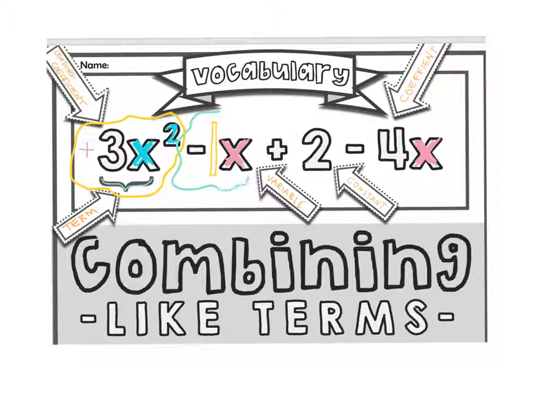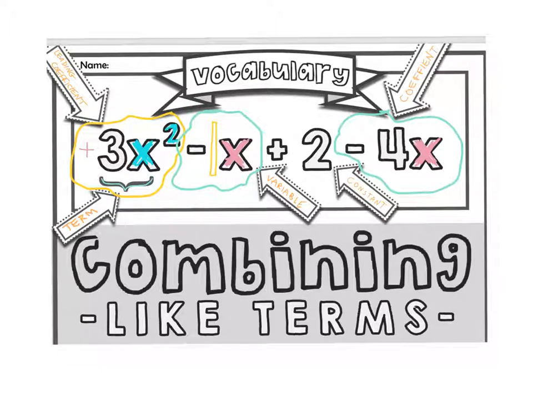But our negative 1x and our negative 4x, those are like terms. They have the same variable and the same power to the variable, just a plain old x. And then our constant would stand alone. And then we'll talk to you later about how to combine these like terms.